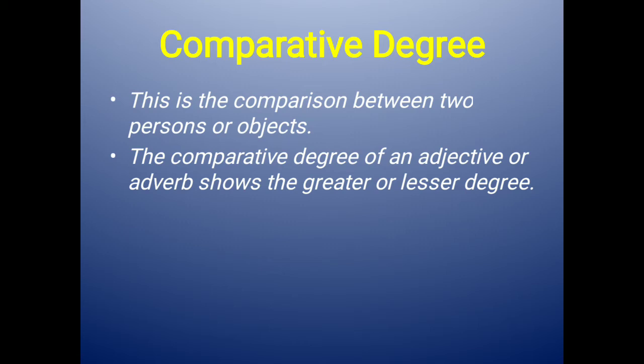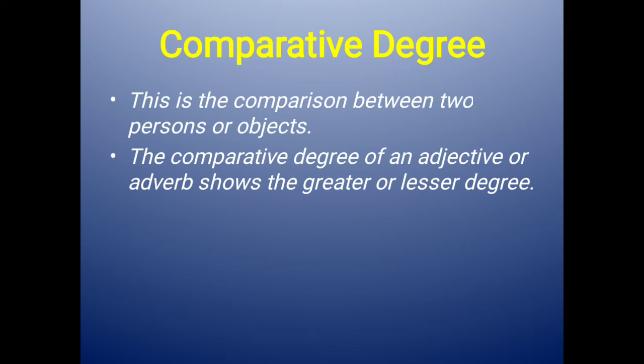And how many persons are there? Two persons or two objects. So we need to compare two persons or two objects. The comparative degree of an adjective or adverb shows the greater or lesser degree. Maybe a greater kind of thing is indicated or maybe a lesser kind of thing is indicated.